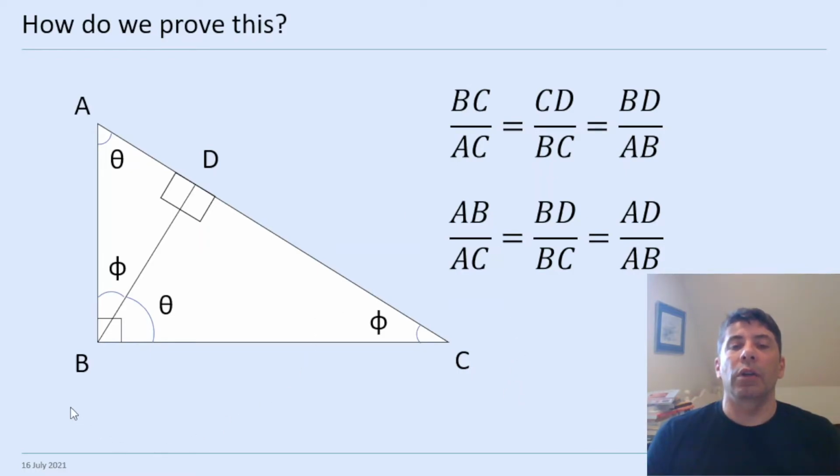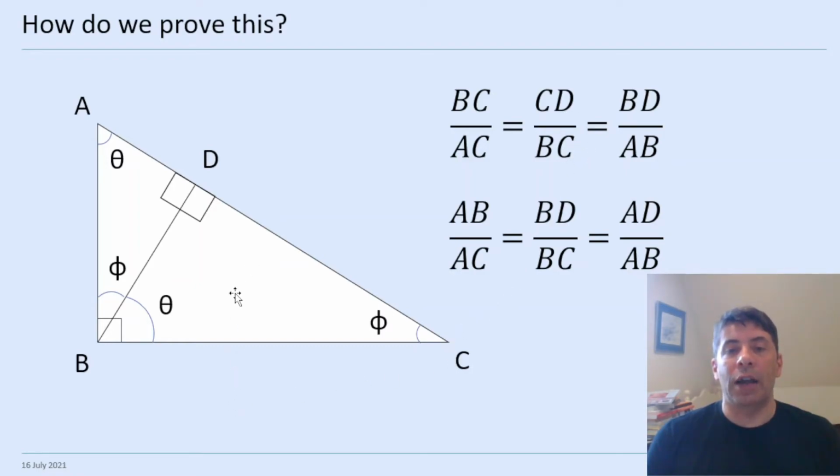So we know that the ratio BC over AC. What we're going to do is take the side opposite theta and divide by the hypotenuse in the big triangle. So in ABC, we take the side opposite theta, BC, divide by the hypotenuse, which is AC, and that ratio is the same for the smaller triangles.